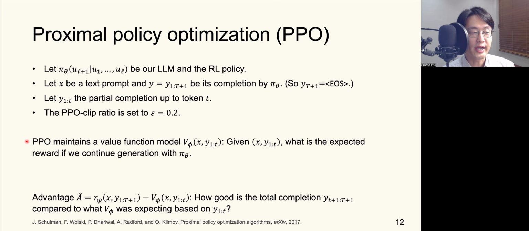If you recall the RL algorithm PPO, it maintains a value function model V phi. Now, the interpretation of V phi in this LLM context is the following.